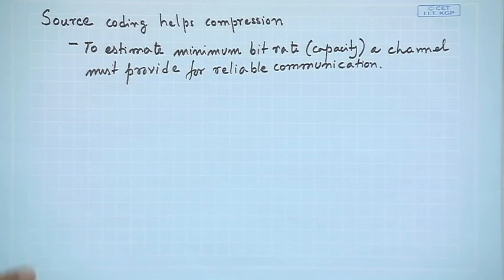When we write this, what we actually mean is that we are estimating the rate at which bits can come out from a source.